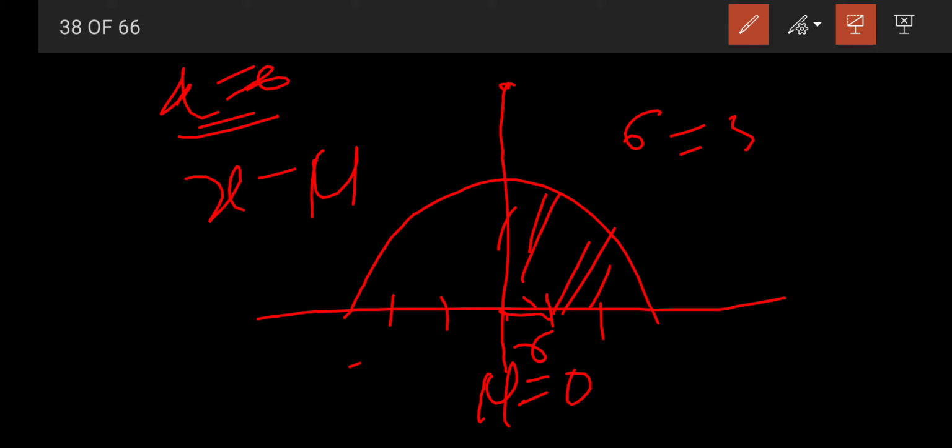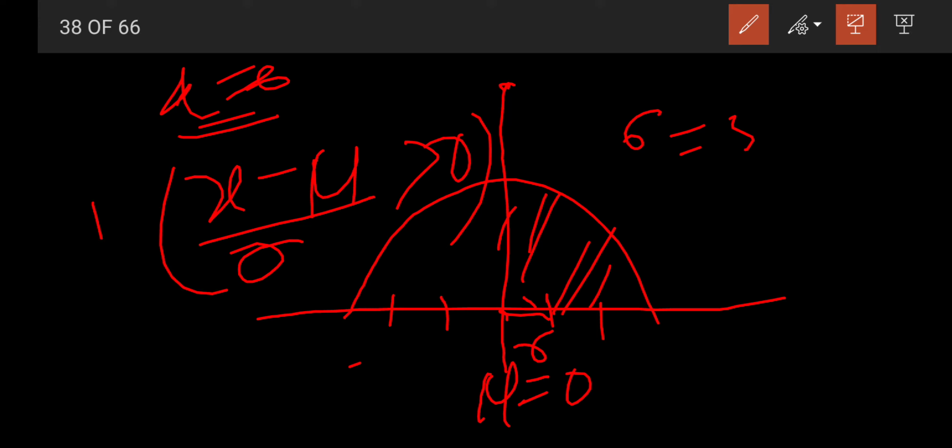So we divide by the spread, that is sigma, and we need the probability that this is greater than 0. That is the answer, right?